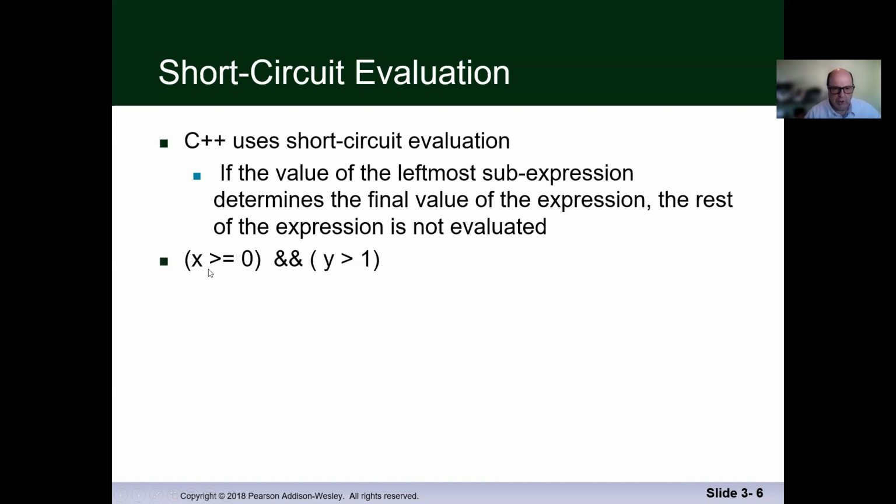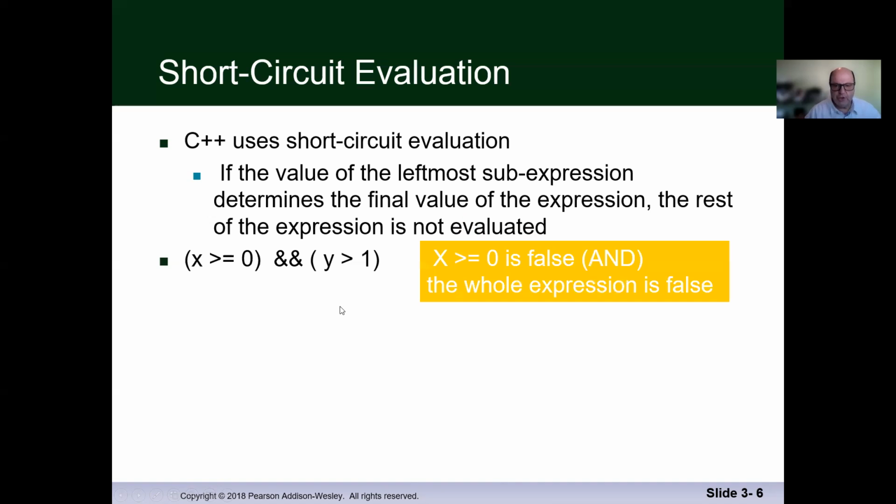If this is true, I have to check the second one. So if x greater than 0 is false, the whole thing is false. I don't need to check the second one. With x being a negative number, we are not evaluating whether y is greater than 1. If x is a negative number, we don't care if y is greater than 1, the whole thing is going to be false.